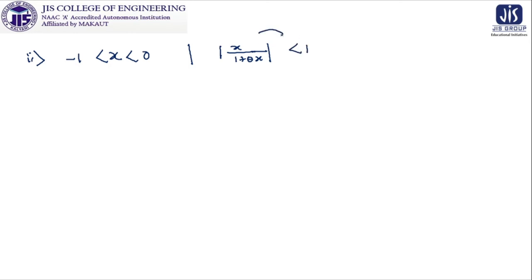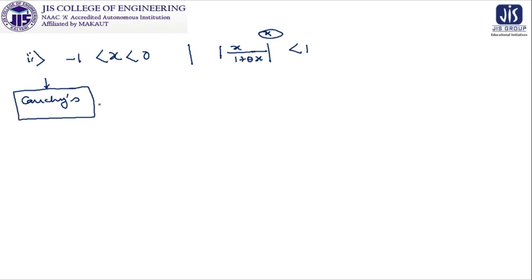That is why we are going to use Cauchy's form of remainder here, because Lagrange's form of remainder will not be sufficient for this particular range.